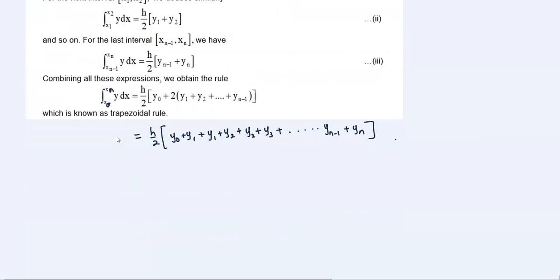So this becomes y naught plus 2 times y1 plus, because this becomes 2, this becomes 2, this becomes 2, and here we should get plus yn.